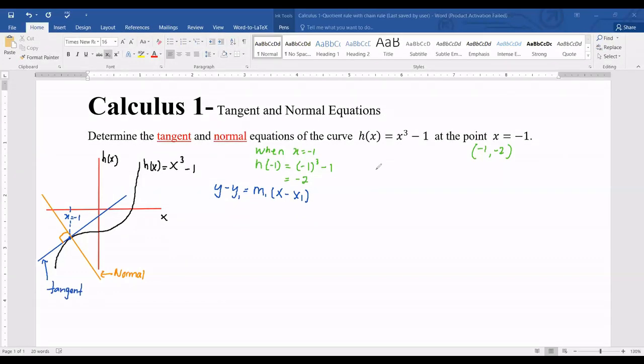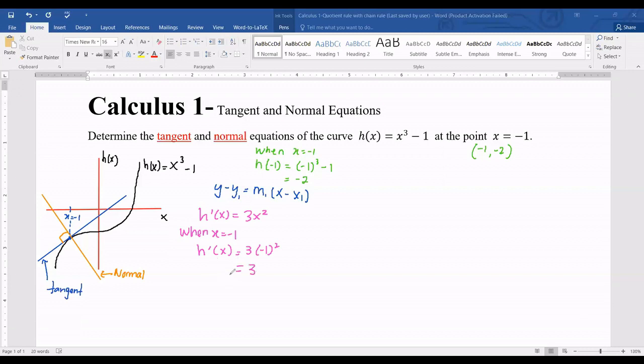Now we're going to determine the gradient of the h(x) function at the point where x equal to minus 1. We find the first order derivative of h(x), which is h prime x equal to 3x squared. When x is minus 1, we get the gradient as 3.